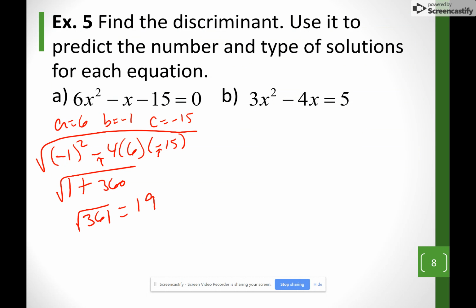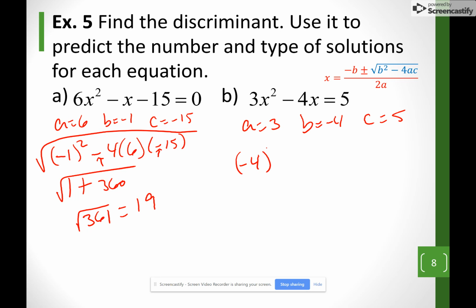Let's take a look at B. My A is 3, my B is -4, and my C is 5. Let me remember the quadratic formula. I'm just looking at the discriminant, so -4 squared minus 4 times 3 times 5. All this inside the square root.